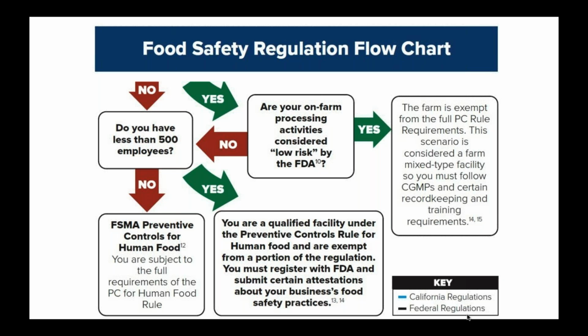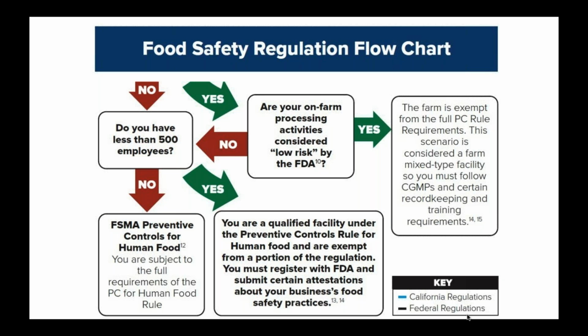I will say in this example, since we are producing an acidified food product, you'd still have to be compliant with the state cannery license program and the federal regulations that apply to the production of acidified foods. There's a specific class that's required for those producing acidified foods. There are also specific filings you have to make with the state and the FDA.